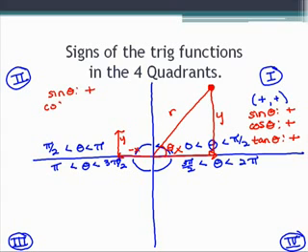Whereas the cosine, I'm using the x value, and it is negative. And tangent, I'm using both the x and the y. So a positive and a negative together give you a negative. In the third quadrant, we're going left and we're going down.